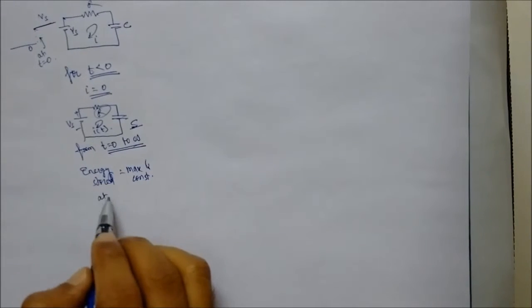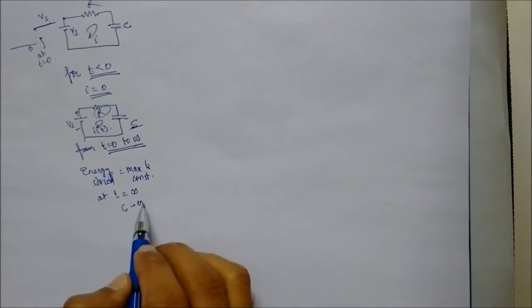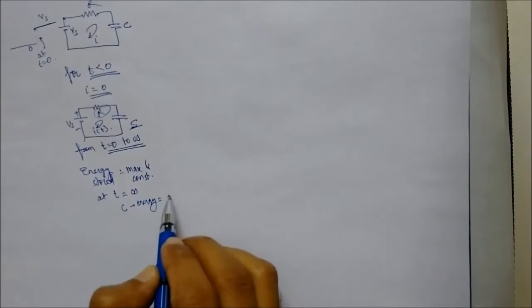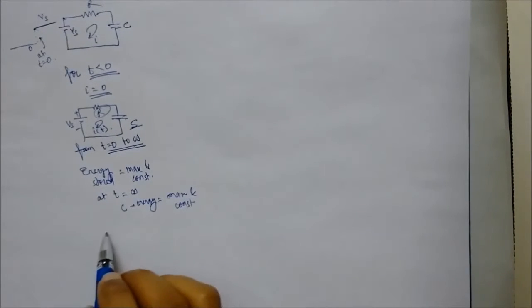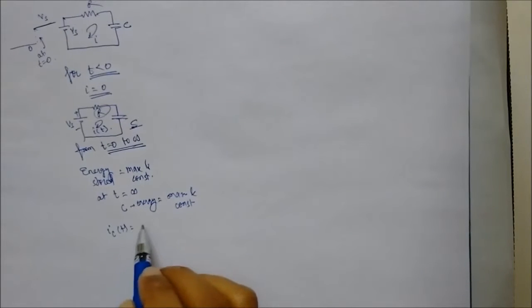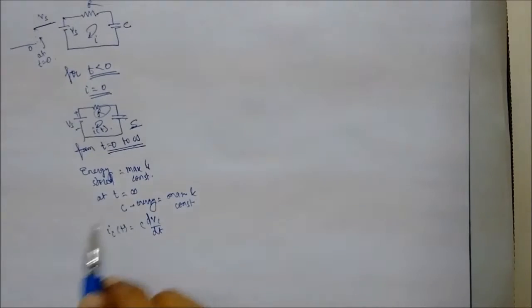So at t is equal to infinity, the capacitor energy will be maximum and constant. Now the current through the capacitor is given as C dVc/dt. But what is Vc?